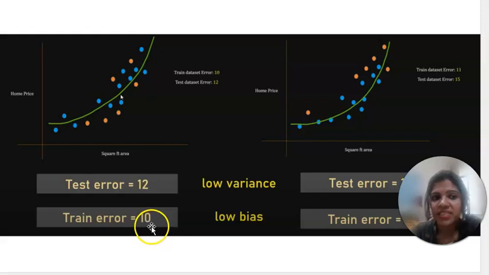So the train error is 10, and here 11. This is low bias. So we need to choose low bias and low variance. This is regarding the bias variance trade-off. The circle diagram of the same we will learn in the next class, in continuation of this video. Okay, thank you.